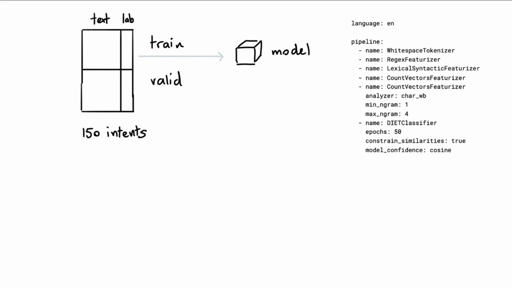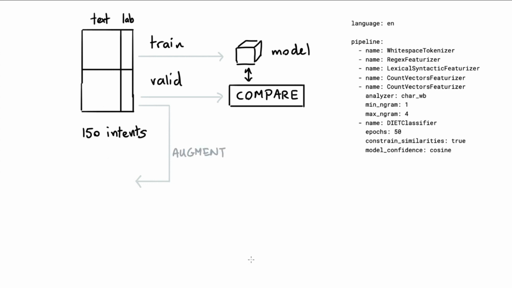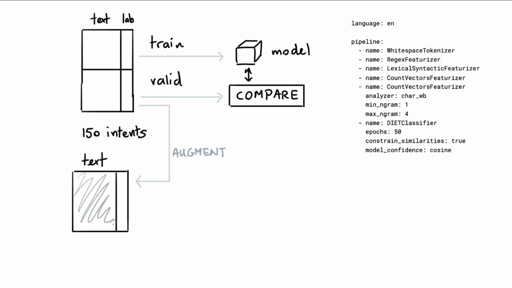Next, I'll use the model to check how well it performs against the validation set. This will give me a number. But I will also do something else. Because I can choose to augment my validation set. I can take the text that I have and introduce a couple of typos here.